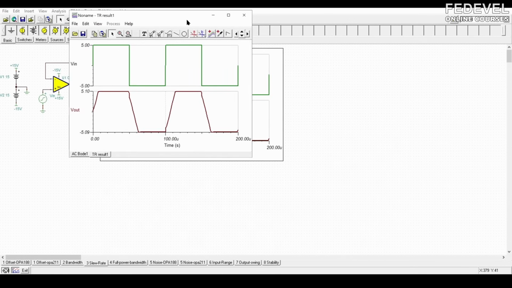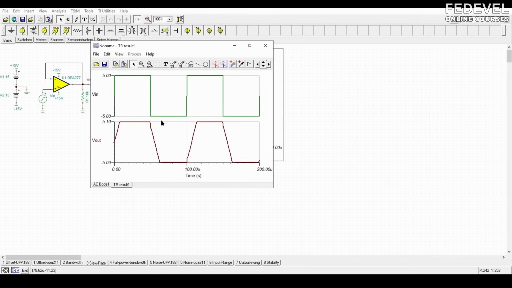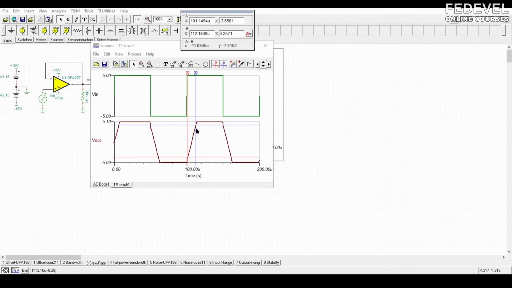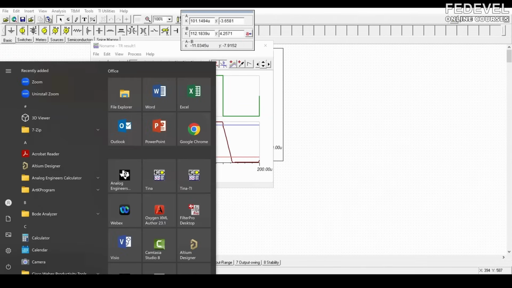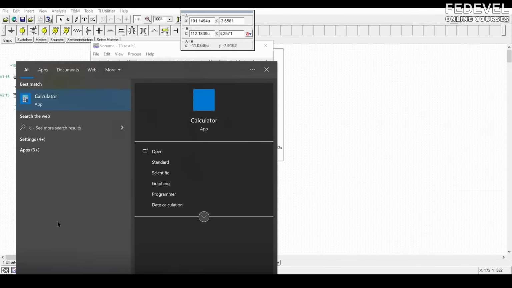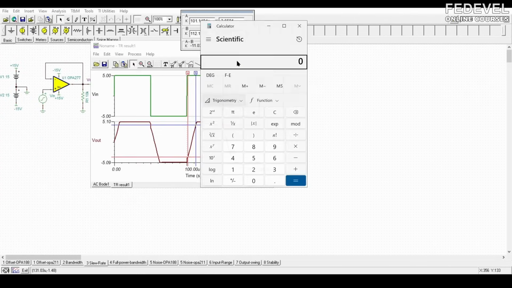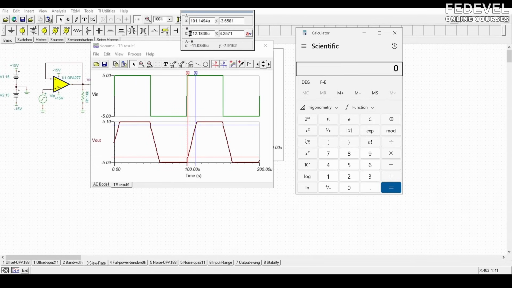Well, you kind of saw it already. I pasted that figure in there. But if I put my cursor here, and I put my cursor here, basically at the 10 and 90% point of the signal, I can use a calculator to say, well, the voltage change is about 8 volts, and the time change is about 11 microseconds.